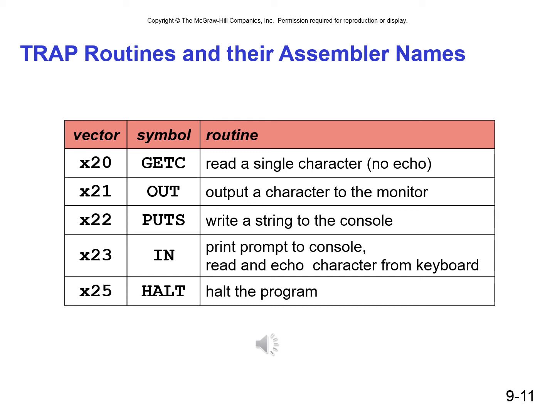Out is stored at hex 0020. I'm sorry, its starting address is stored in the trap vector table at hex 0021. Puts, its starting address is stored at hex 0022, in 0023, and halt 0025. So the trap vector table at hex 20, 21, 22, 23, and 25.